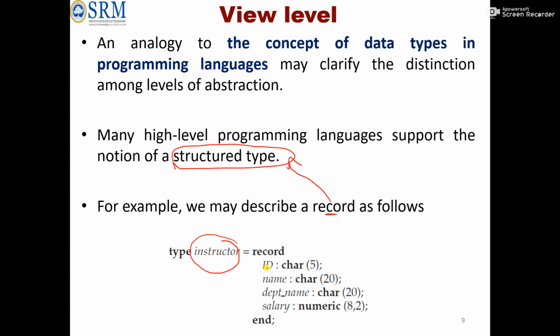Every inspector has their own ID, every faculty member has their own ID, and every non-teaching staff member has their own ID. They have a name, a department name, and a salary. In this single record, we are storing different data types.